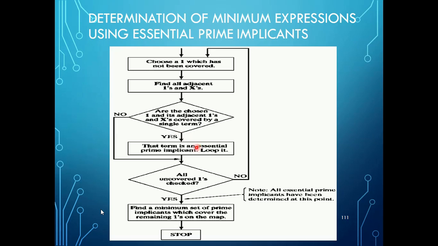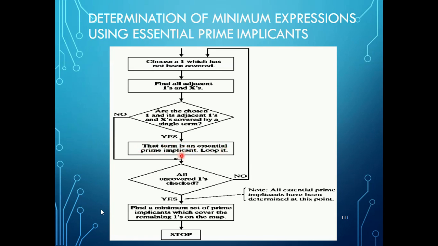If the min term is covered by two terms, then you have to leave this particular step. If it is covered by a single term, then you choose that term as an essential prime implicant.